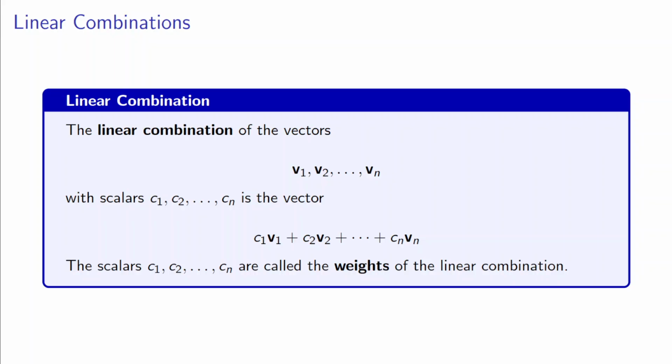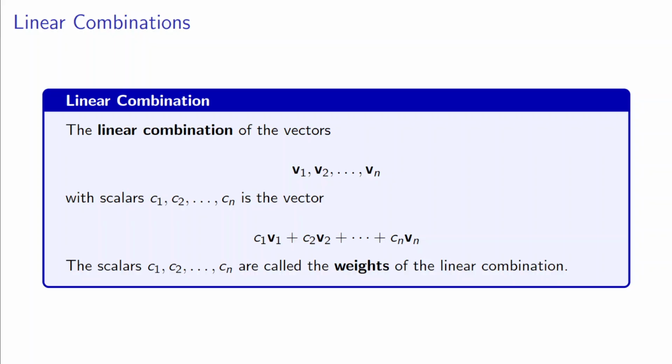So the idea here basically is, we can take a bunch of vectors, and a linear combination of them would just be a combination of them in a way where what we're allowed to do is multiply them each by a scalar and add them together. And those scalars can be anything we want.